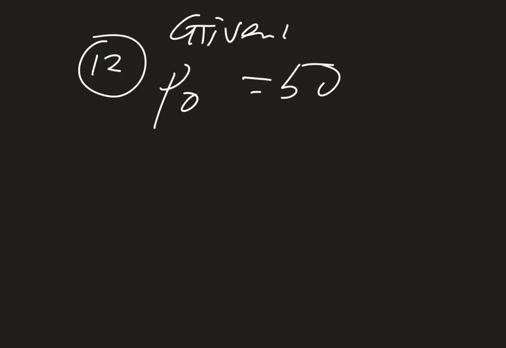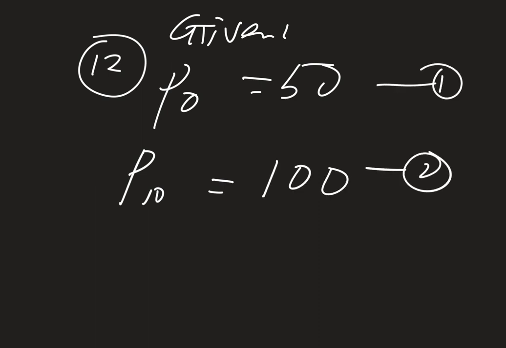Initially the population is observed to be 50, and after 10 days the population is 100. So you have two conditions here, an initial condition and one specific condition.